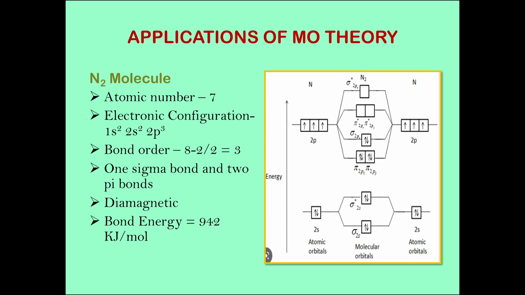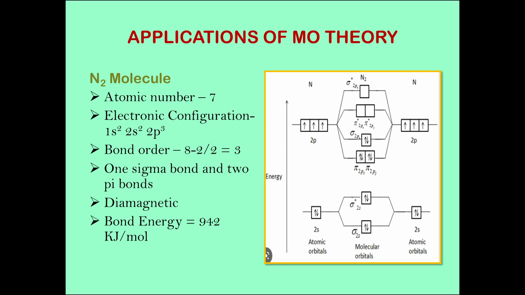Here 2s2, 2p3 is the valence shell. So 2s2 has 2 electrons in the atomic orbital, and 2p3 has 3 orbitals, with 3 electrons filled in the 2p orbitals in each nitrogen atom.